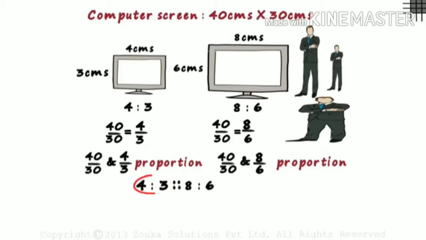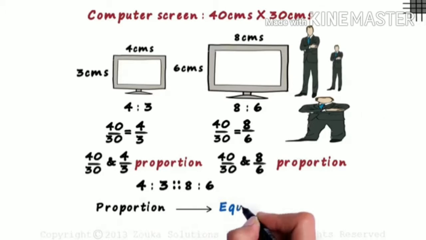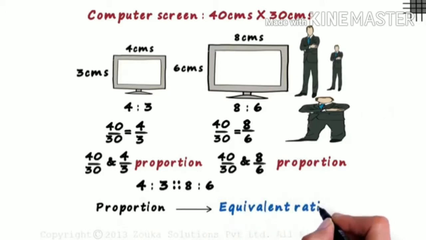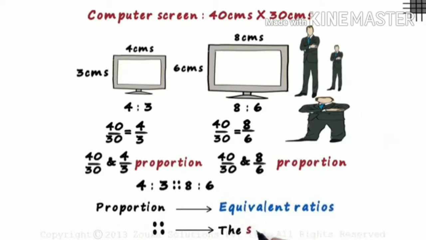It tells us that this ratio is equal to this ratio. Remember, proportion simply means equivalent ratios. And this symbol means the same as or equal to. So this can be read as 4:3 is the same as 8:6.